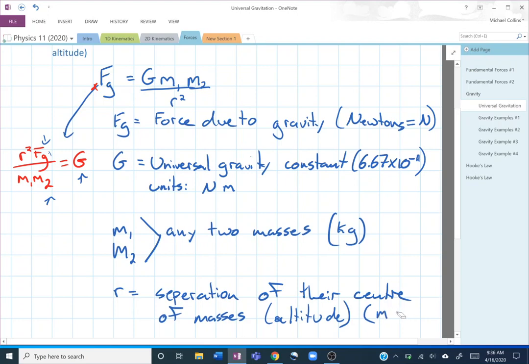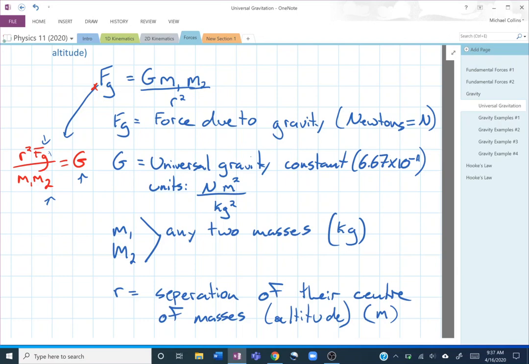It's distance squared, so it's going to be meters squared, divided by mass 1 and mass 2. Both of those are in kilograms, so kilograms times kilograms is kilograms squared. And so that constant really just makes this equation work. Again, this equation was determined experimentally by Newton, and he didn't know why it worked.